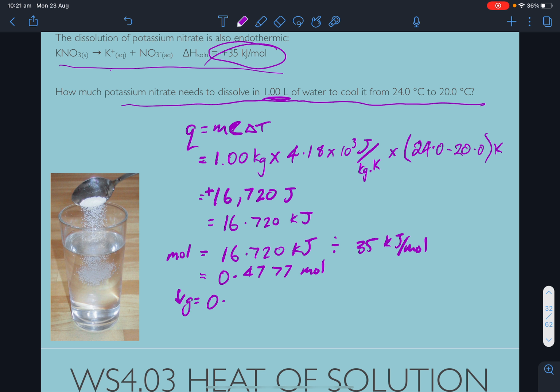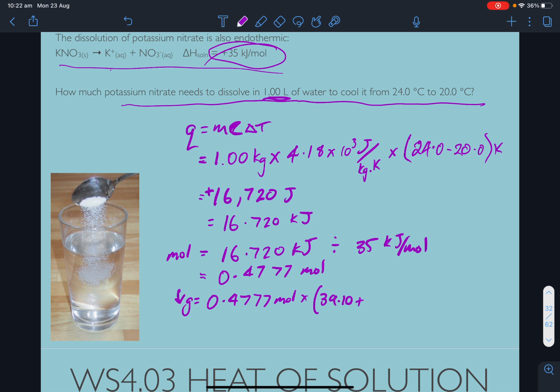It equals 0.477 moles times the molar mass for potassium nitrate. Potassium is, I always forget, 39.10 grams per mole.